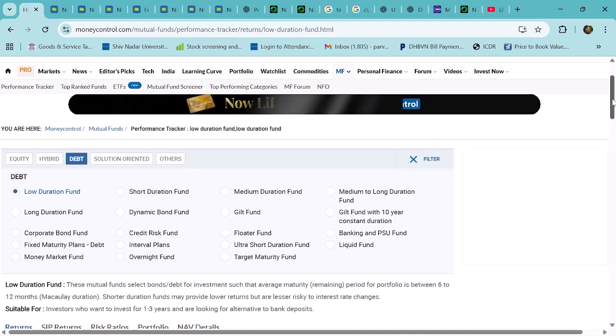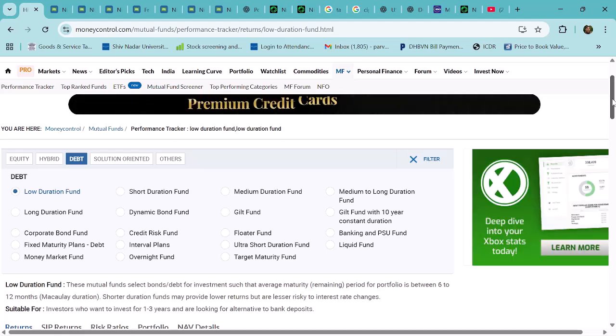Can you count them? So there are 19 subcategories of these mutual funds.